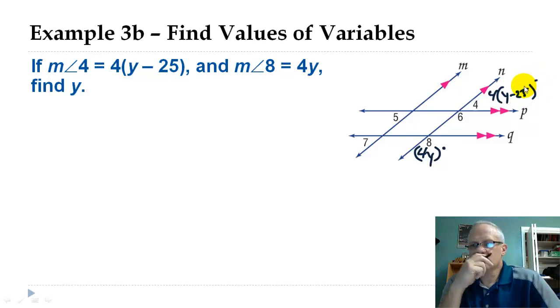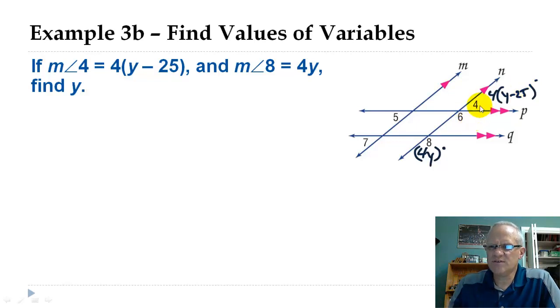Well, let's look at the relationship that we have. Look at the line, this line here, line N, forms part of 8, and it also forms part of 4. So this is the transversal. These are the two parallel lines. So this is interior in here. This is exterior.